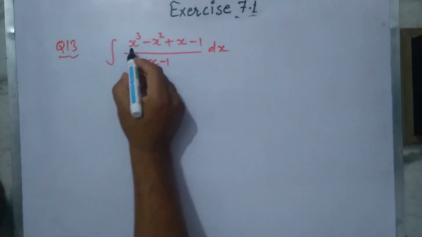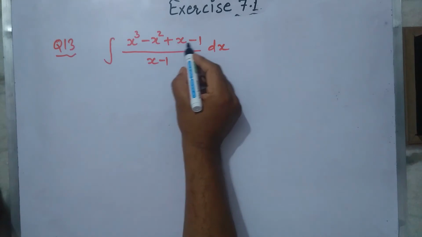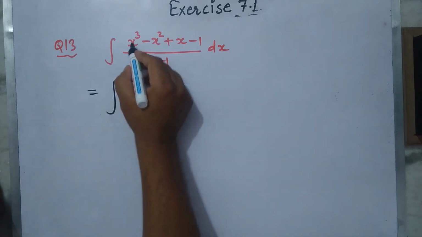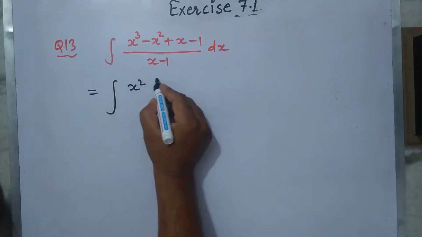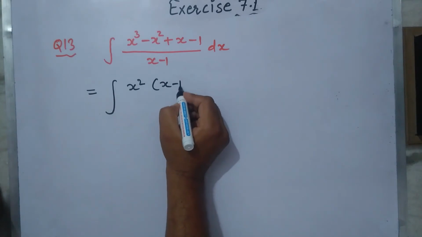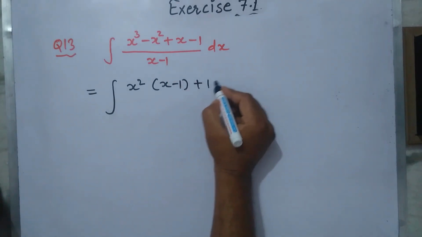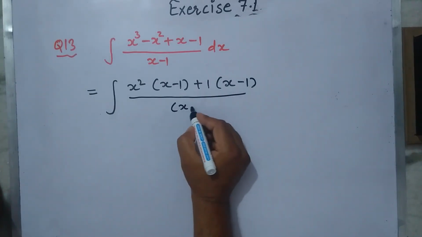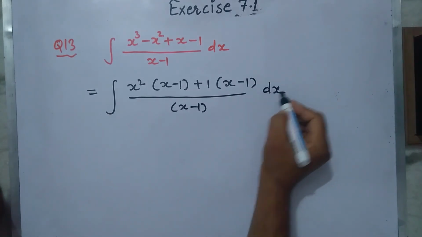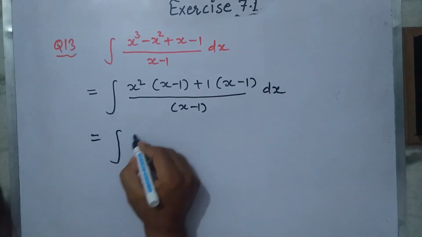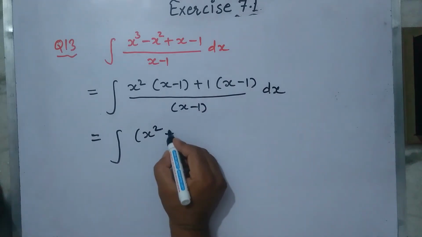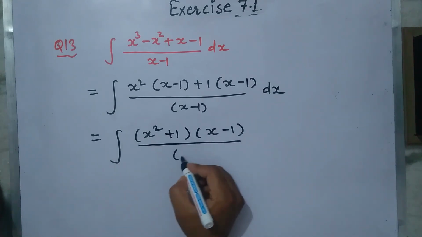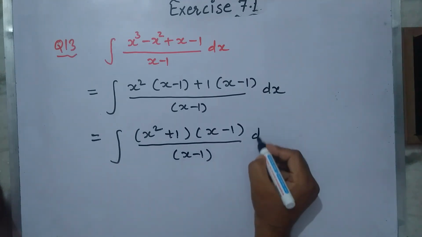Question number 13 is (x^3 - x^2 + x - 1) divided by x - 1. So we can say this way, taking x^2 common we have x - 1, plus taking 1 common, x - 1, whole divided by x - 1 into dx. So we have (x^2 + 1) into (x - 1) upon x - 1 dx.